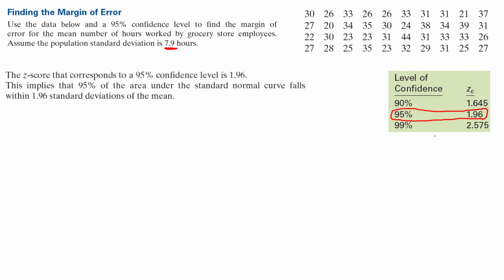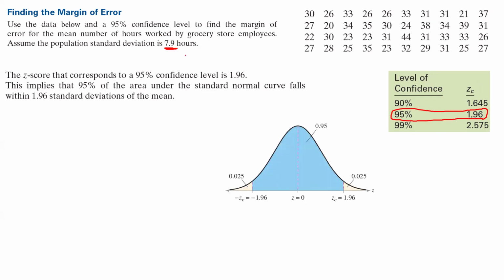So let us begin. The z-score that corresponds to a 95% confidence level, as we know, is 1.96. We need this because we want to calculate the margin of error. The standard deviation for the population is also given to you, which is 7.9.